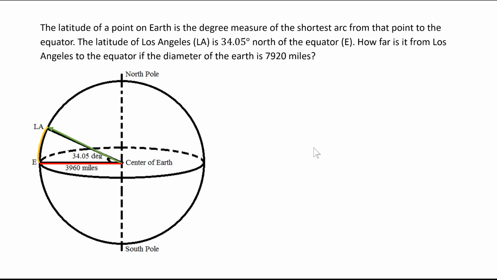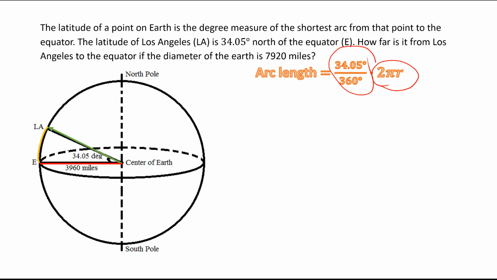So the way that you used to, or you still can actually, find the length of the arc is to say, okay, arc length is equal to the fraction of the circumference that we're talking about. The fraction of the total circumference is right here, because all the way around is 360. So we're looking at just 34.05 of that 360, times the circumference, which is 2 pi r.